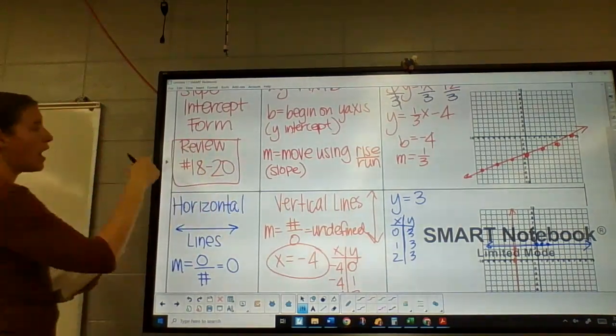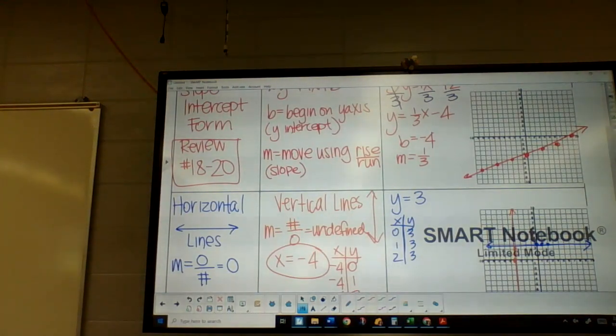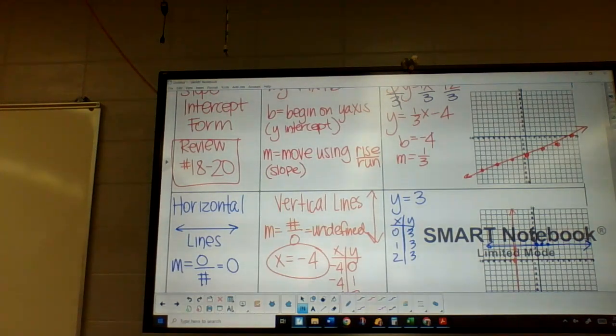If you want to put this on here for slope-intercept form, for the review, that's like 18 through 20 that we're doing. That is slope-intercept form. Just trying to tell you the different types.